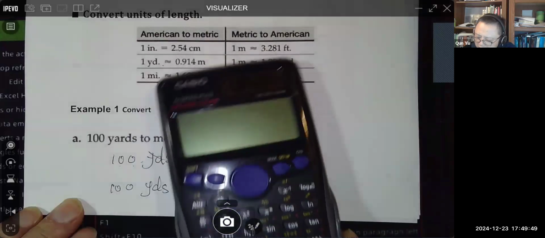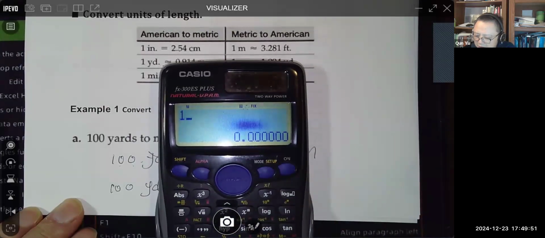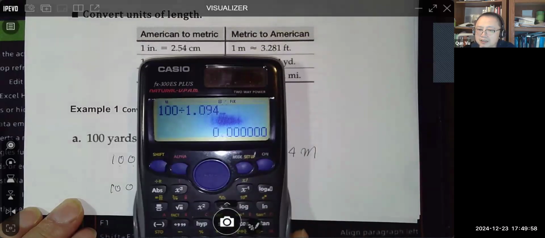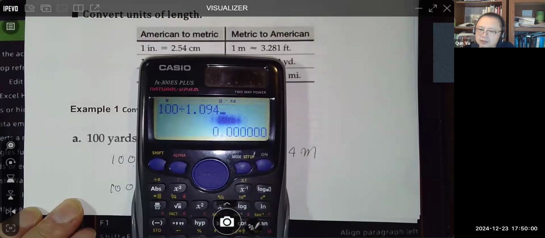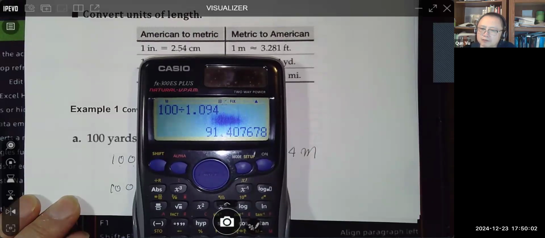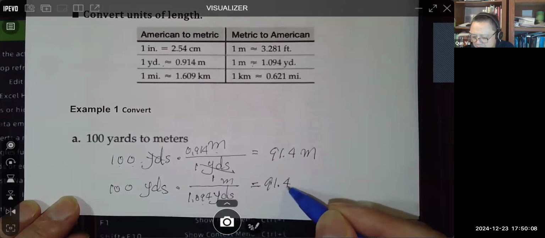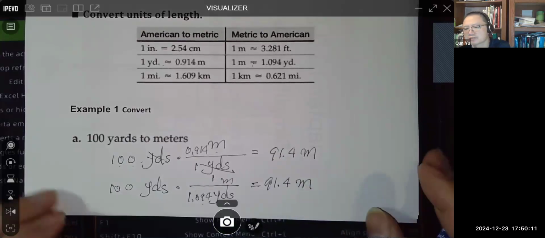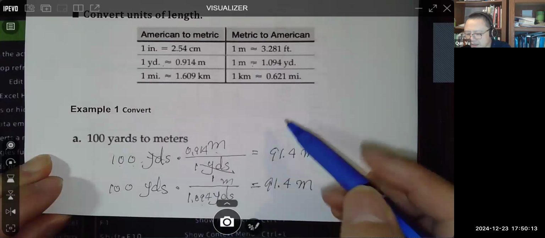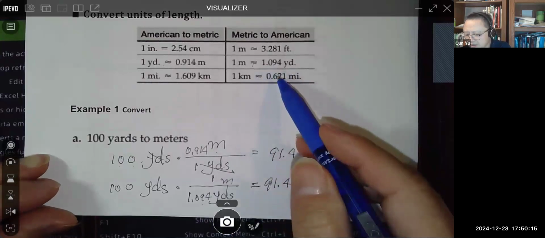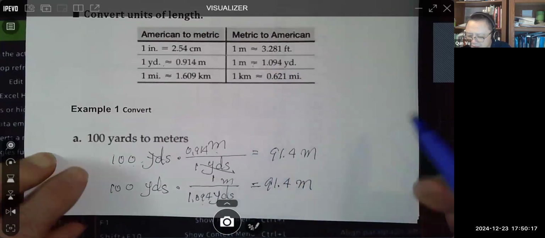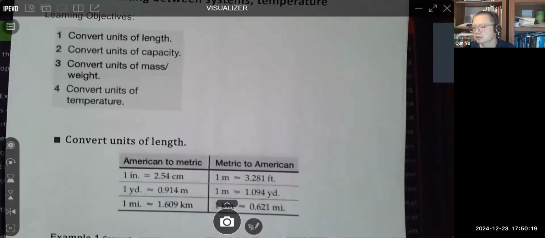So I'm going to use 100 divided by 1.094. Double check. Yeah, what do I get? 91.4 if I take one decimal digit. You see? 91.4. There shouldn't be any difference if they don't round it. Maybe there's a difference in the second or third digit because of rounding. Otherwise, there's just no difference.